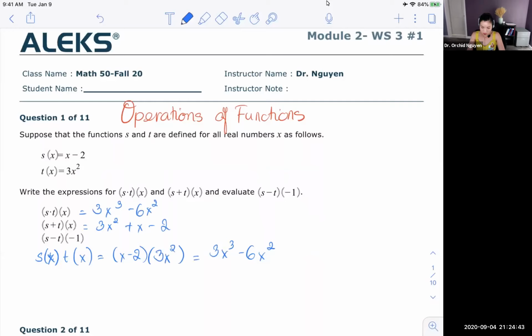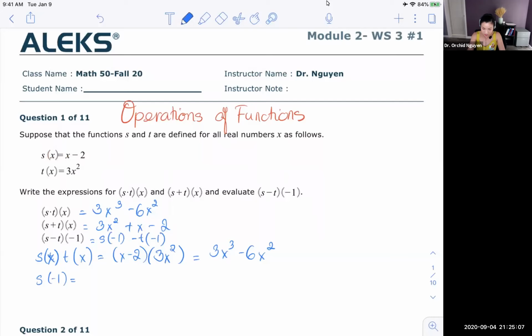And for subtraction, because we have the values, I always take care of the values first. So I always evaluate first, and then I use the function. So what we have, s of -1. You pretty much just plug -1 in here.